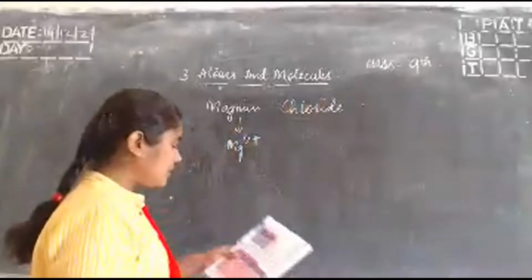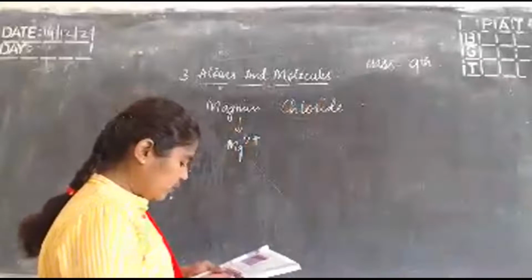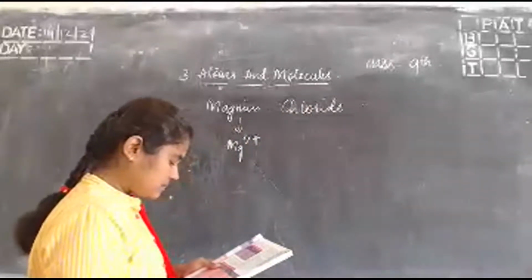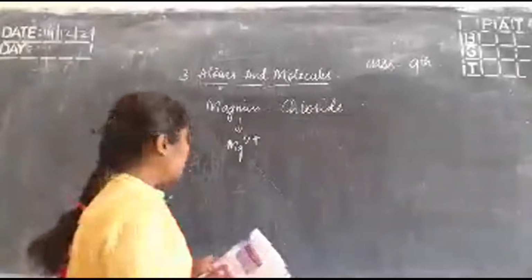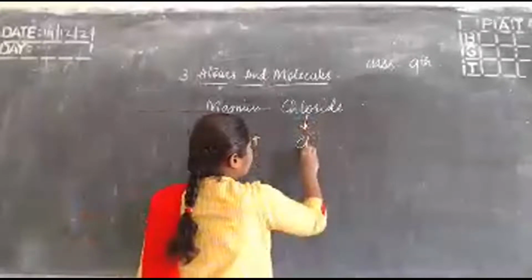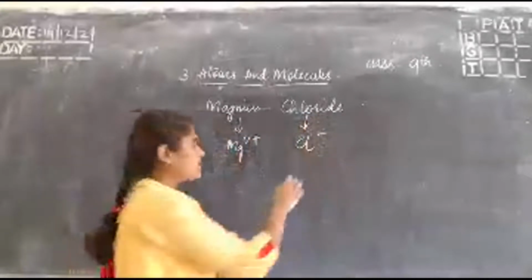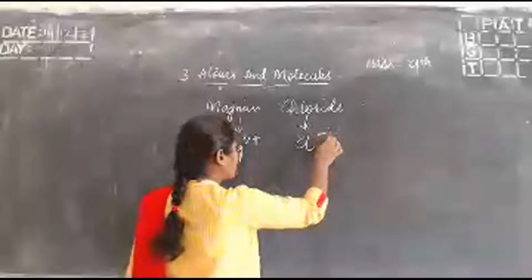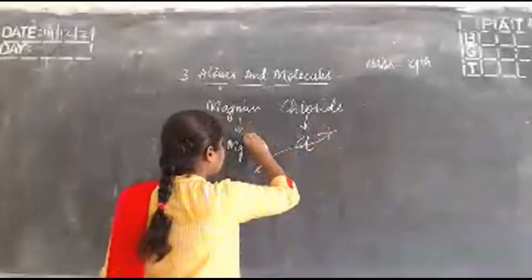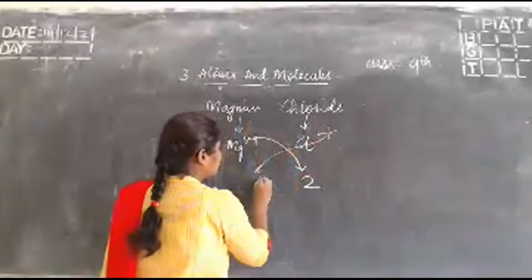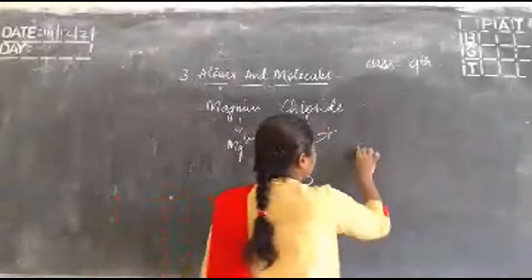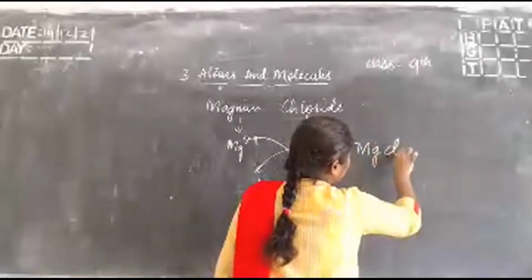Then take chloride. Where is chloride? Here it is Cl-. Minus means -1. So bring this here and this here: here 2, here 1. So what will this be? MgCl2.